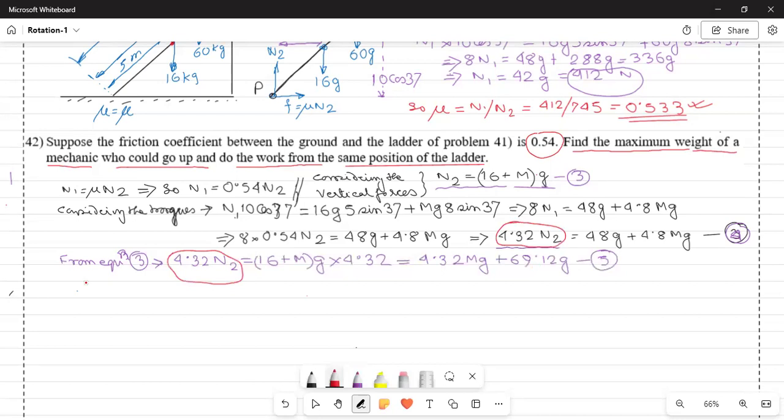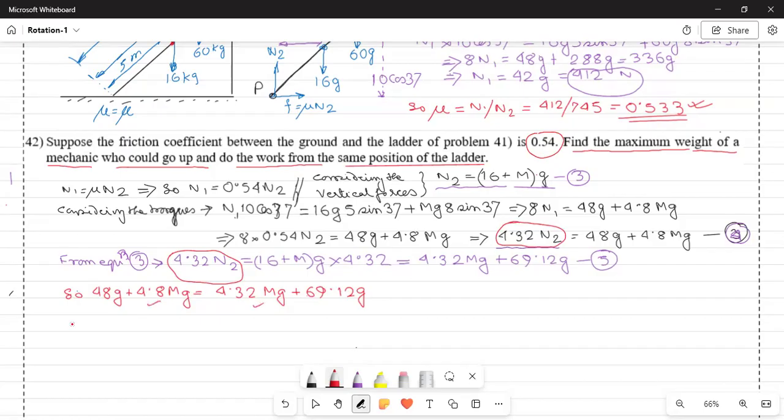So we can clearly write 48G plus 4.8 MG is equal to 4.32 capital MG plus 69.12 G. All these G's get cancelled.